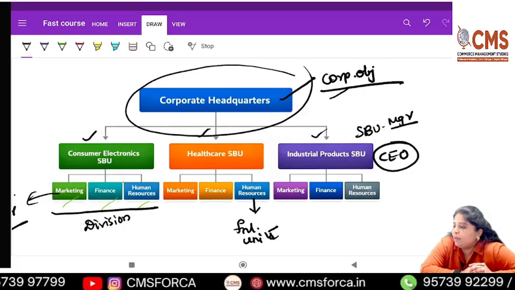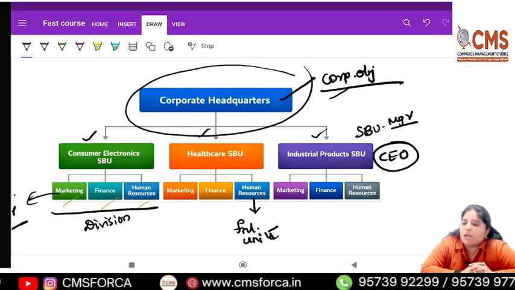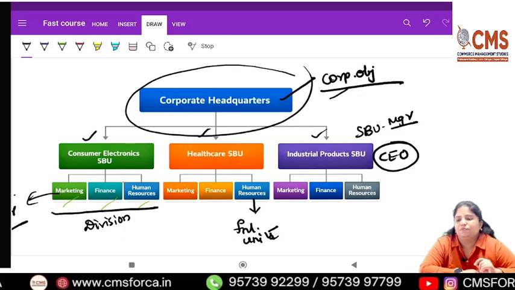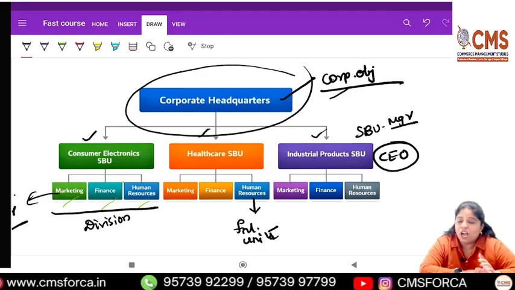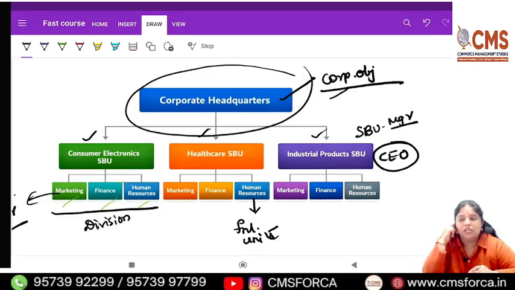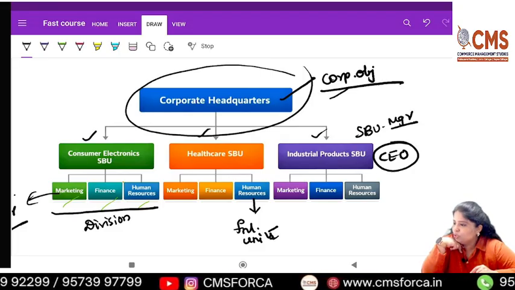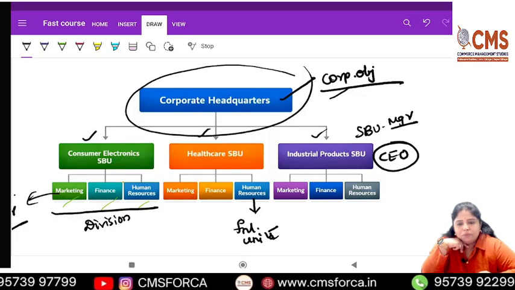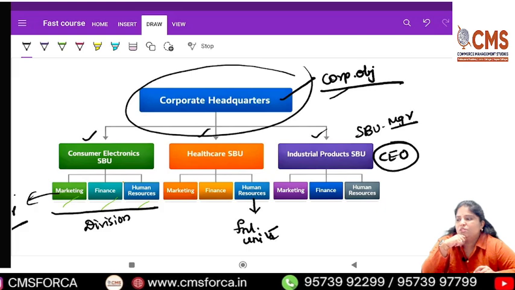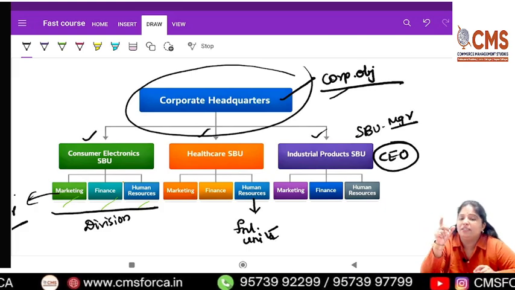But that alignment may not be seen. So some SBUs may not align with the corporate objectives. However autonomous and independent they are, operating as standalone units, this fact can't be ignored that all SBUs must align with corporate objectives. But this alignment may not be guaranteed all the time.